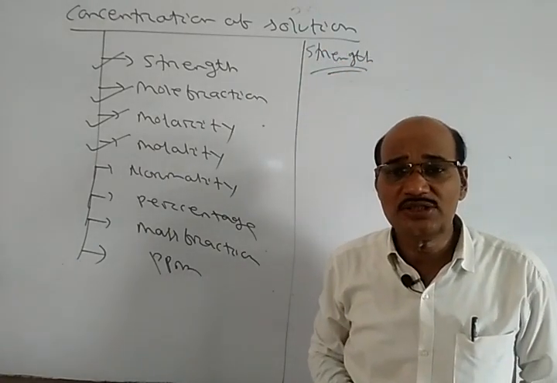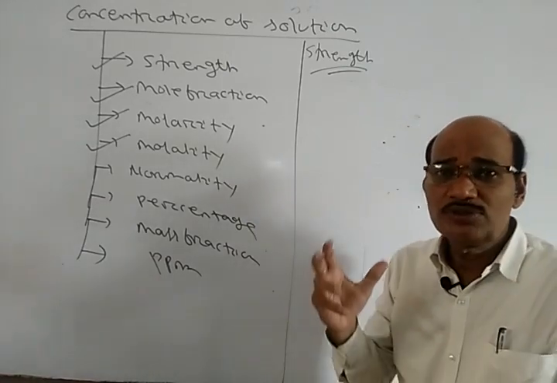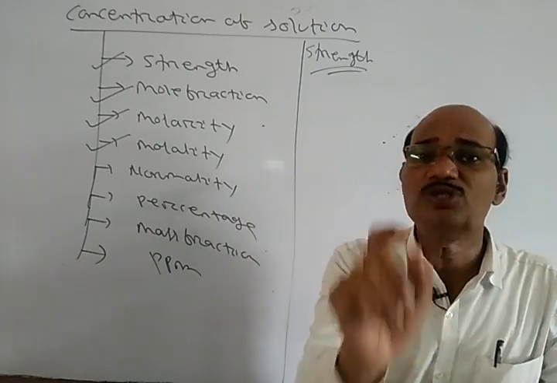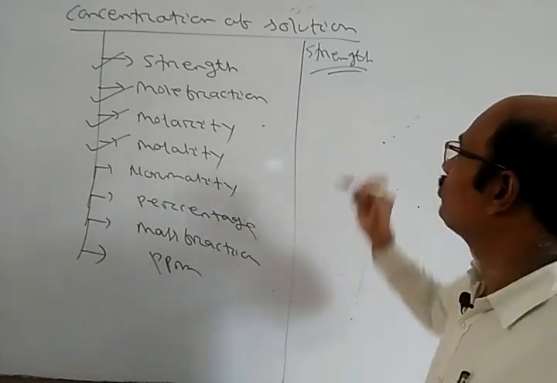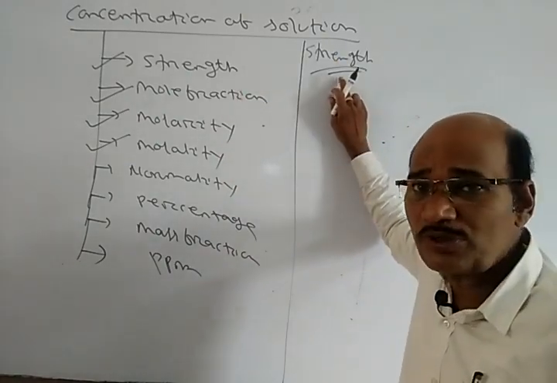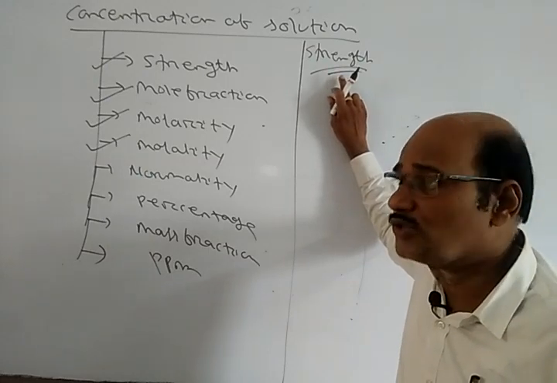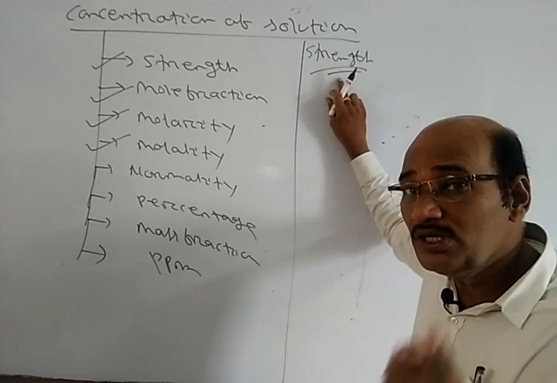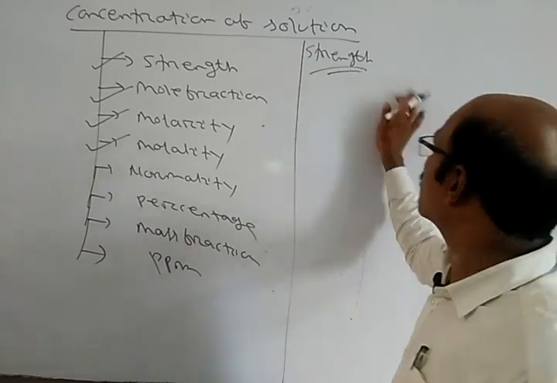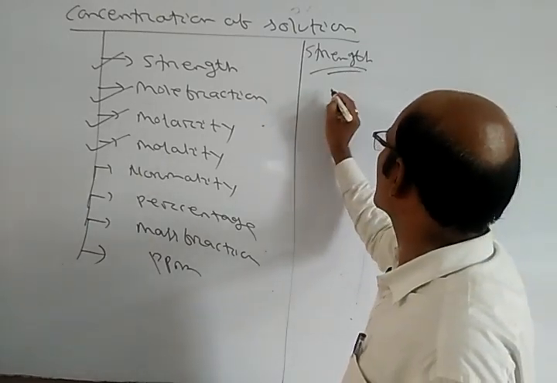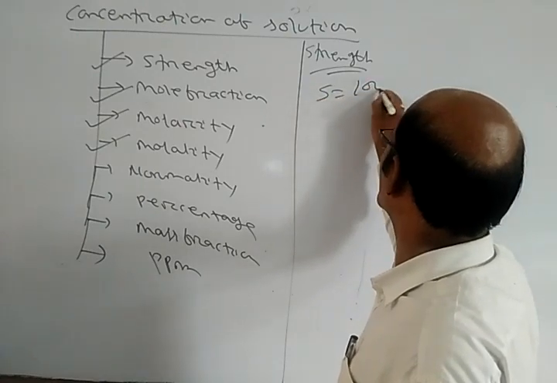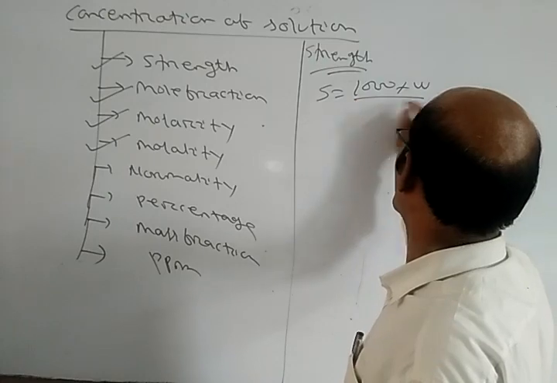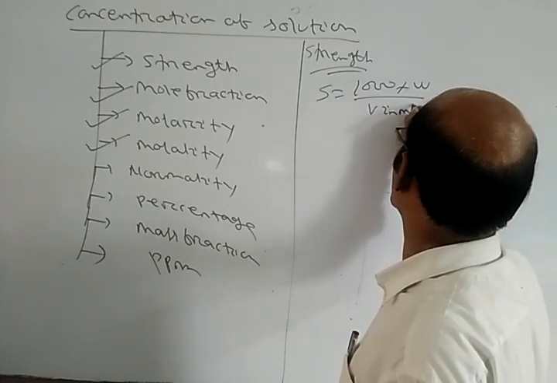Strength of a solution is the amount of solute in gram present per liter of the solution. Strength S is equal to 1000 into W by V in ml.